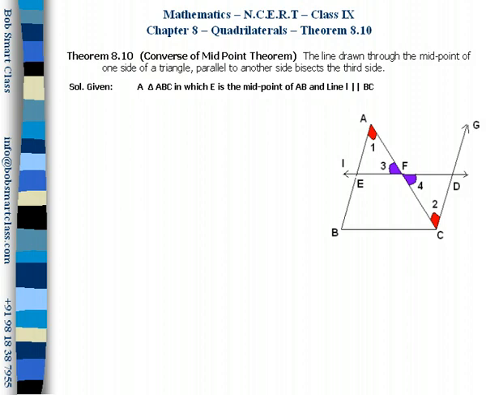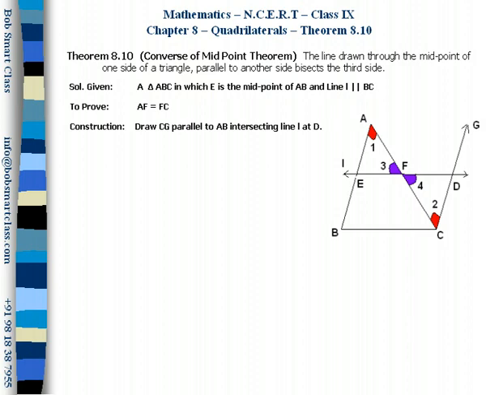Given a triangle ABC in which E is the midpoint of AB and line L is parallel to line BC. We have to prove AF equals FC, that is, F is the midpoint of AC.